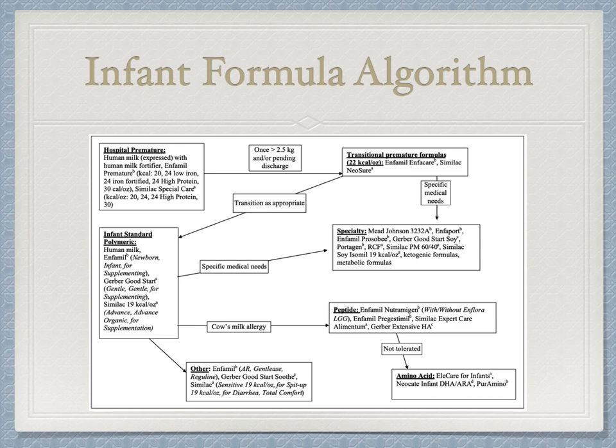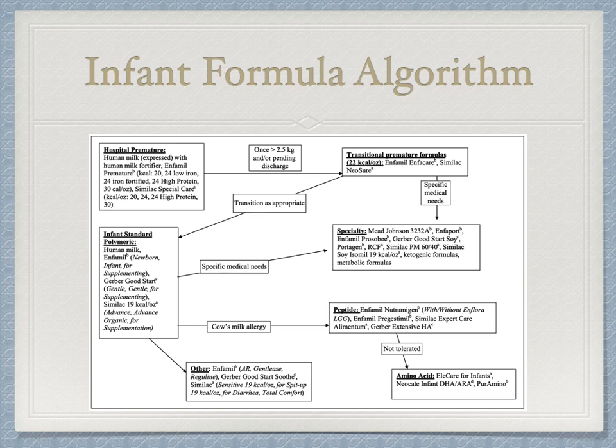There are premature formulas, the Similac Special Care and the Enfamil for premature. Those are meant to be used in a hospital setting and are not discharge formulas. Our discharge formulas typically, unless there are tolerance issues for our NICU grads, are Enfacare and NeoSure. Both of these are standard 22 cal per ounce formulas.